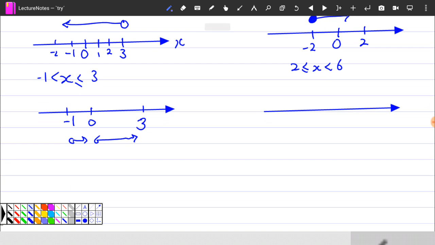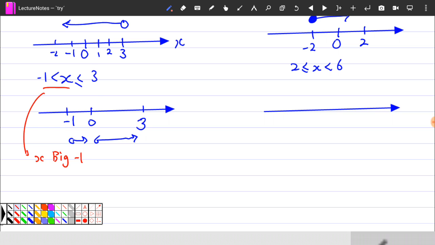Yanti? On the first side, is x bigger or smaller than 1? This is x is bigger than -1. Do you know how you read that? Arrow, right?